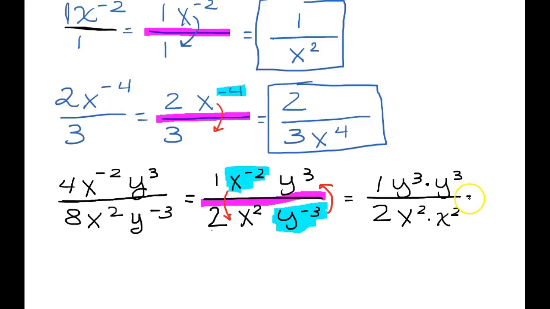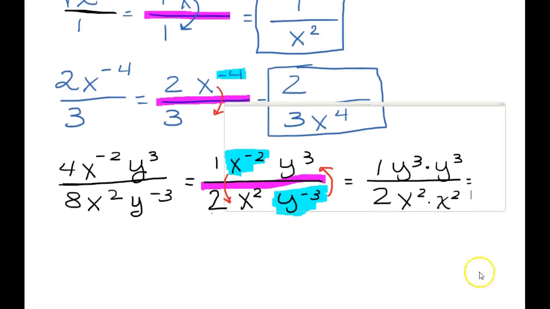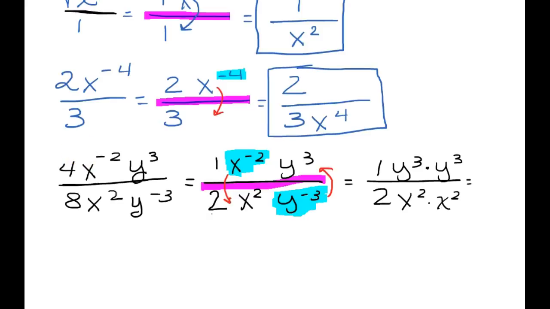If you recall, we were talking about multiplying exponents. Let me give us some more room. So I have 1 over 2. I just brought it down here because I'm running out of room. I have y to the third times y to the third.